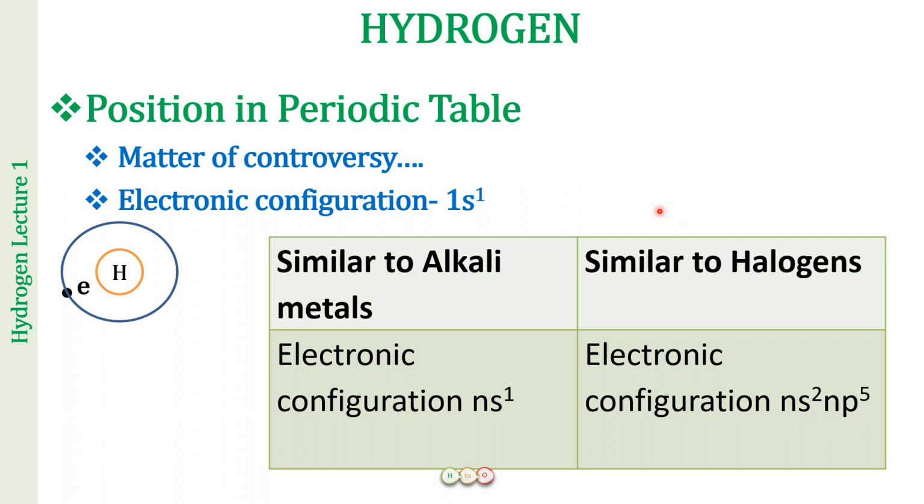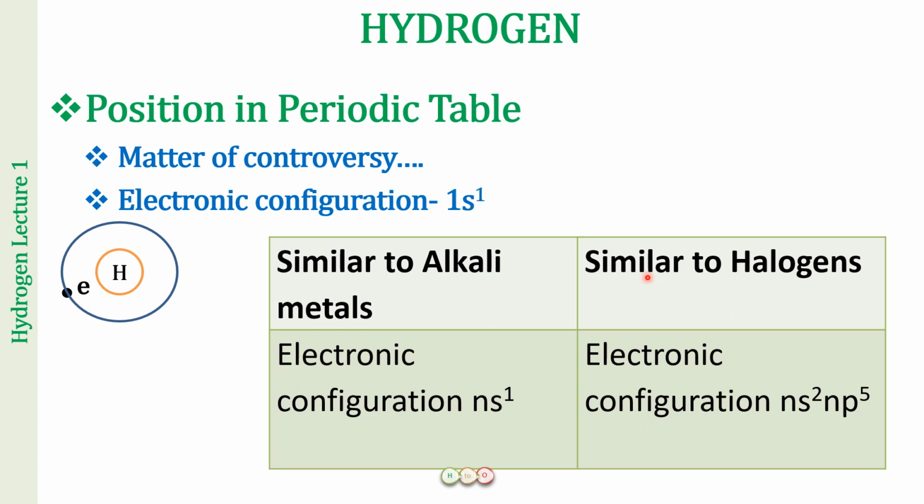Similar to the halogens, hydrogen also requires just one electron to reach the nearest noble gas configuration of helium, which is 1s2. So therefore, hydrogen has properties similar to that of alkali metals as well as halogens, because the electronic configuration of hydrogen is similar to both of these.